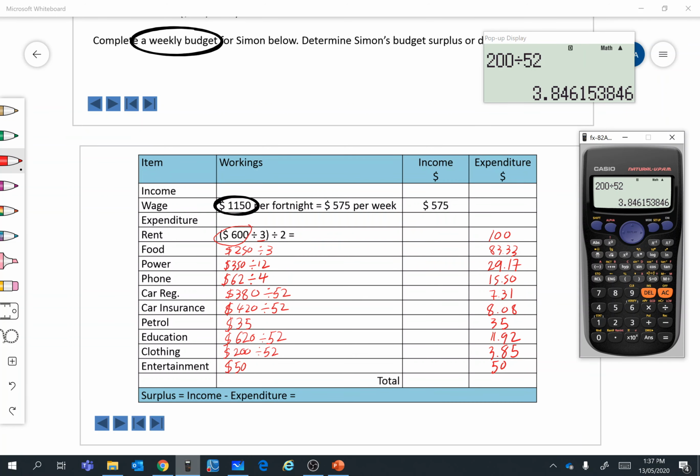Okay, let's add them all up. So we'll go and type them in.